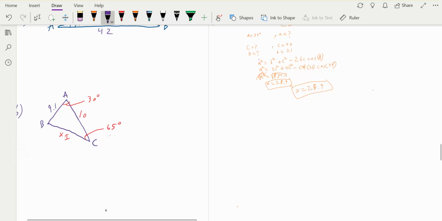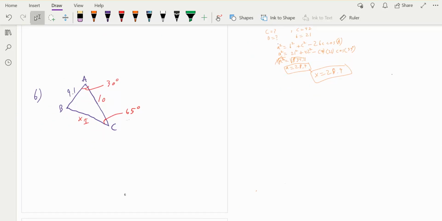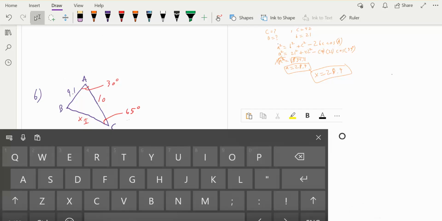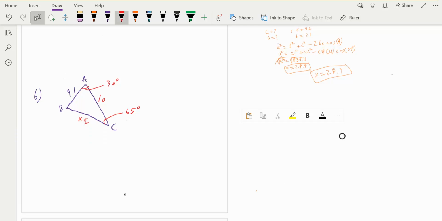Step 1 would be drawing the triangle for me. So let's do that. They gave us 9.1 and 65 degrees. So they told us that side C equals 9.1 and angle C equals 65 degrees.